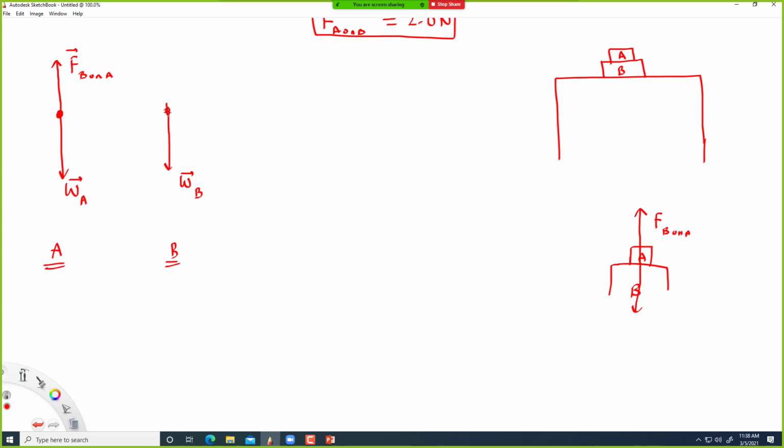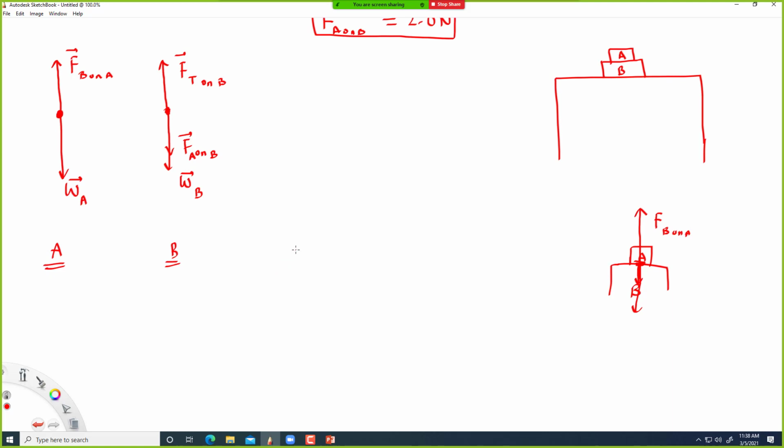So there is a normal force or reaction force of table on B. And this A is also pushing B down, because these two are touching. You see here, this A is touching B. That means A is also pushing B down. So there is a push force of A on B. Okay. So those are the three forces acting on B.